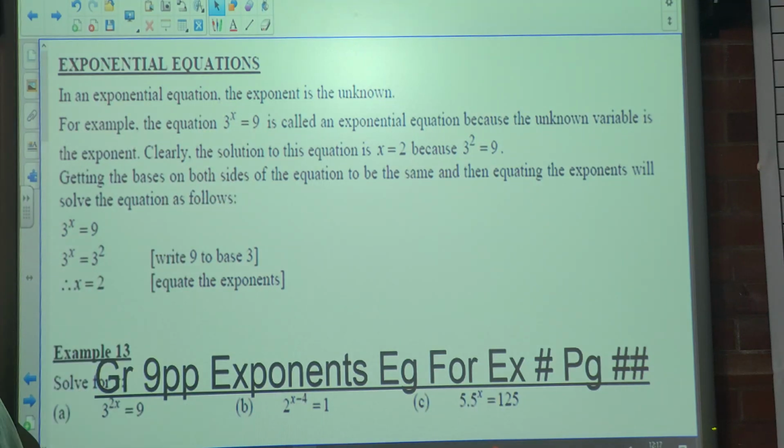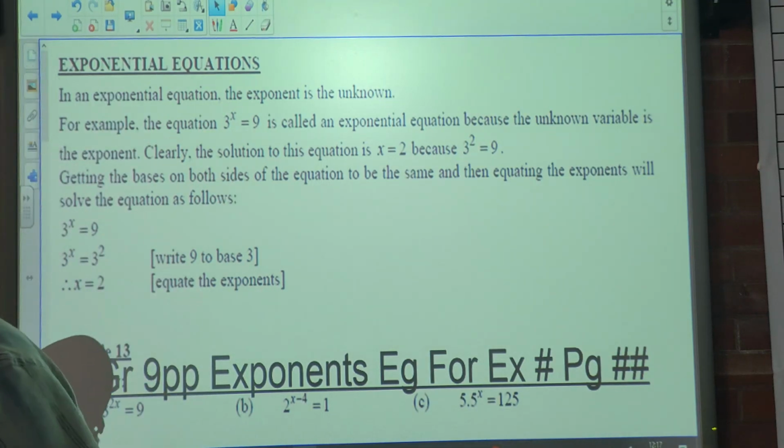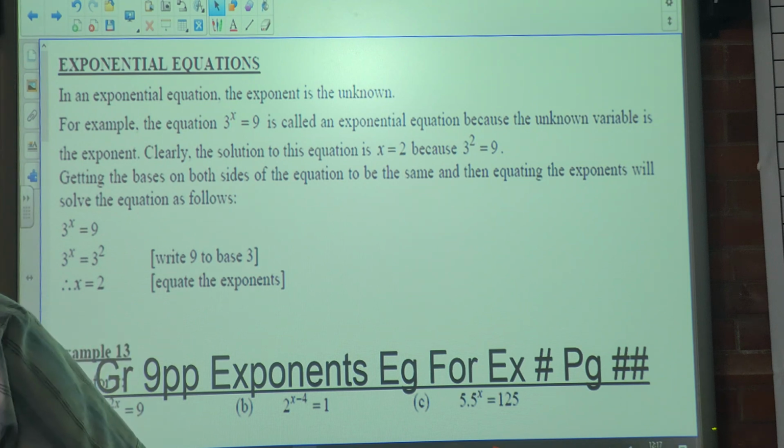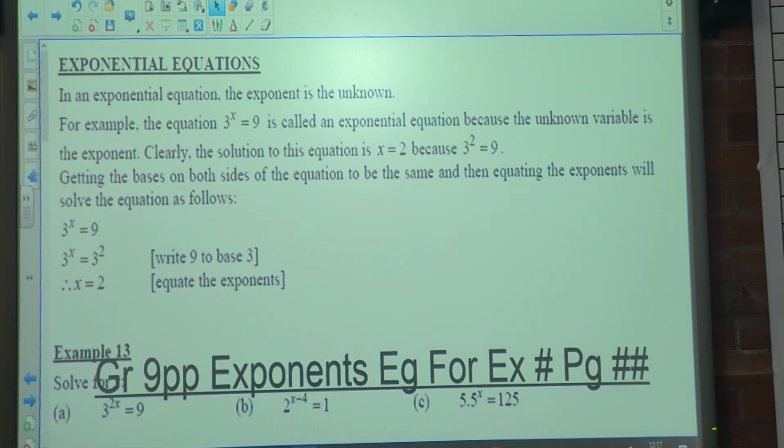Okay. For example, the equation 3 to the x is called an exponential equation because the unknown variable is in the exponent. Clearly the solution to this equation is x equal to 2 because 3 squared is equal to 9. Getting the bases on both sides of the equation to be the same, then equating the exponents will solve the equation as follows.